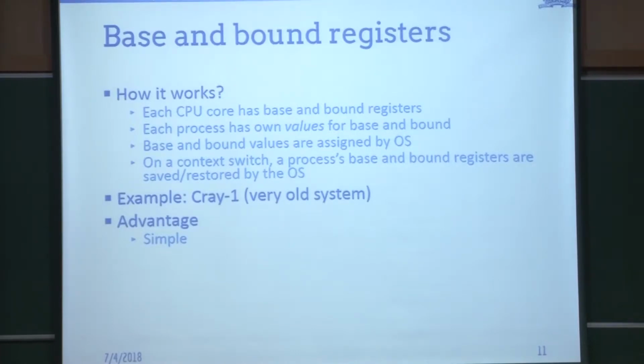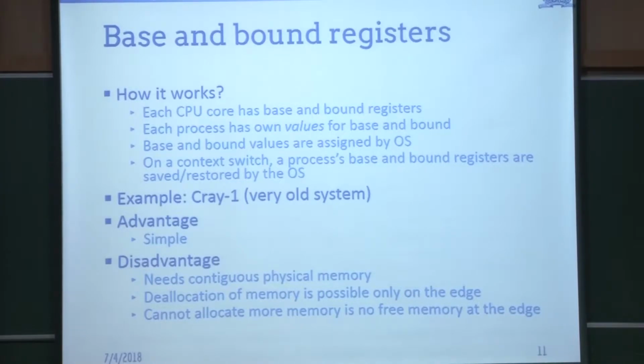Anyway, what is the advantage of it? The advantage is it's very simple. It's a very rudimentary way to implement virtual memory, but the advantage ends there, and then starts the list of disadvantages. First of all, you need contiguous physical memory to map that contiguous virtual address space chunk. That's sometimes hard to get, because memory gets fragmented.